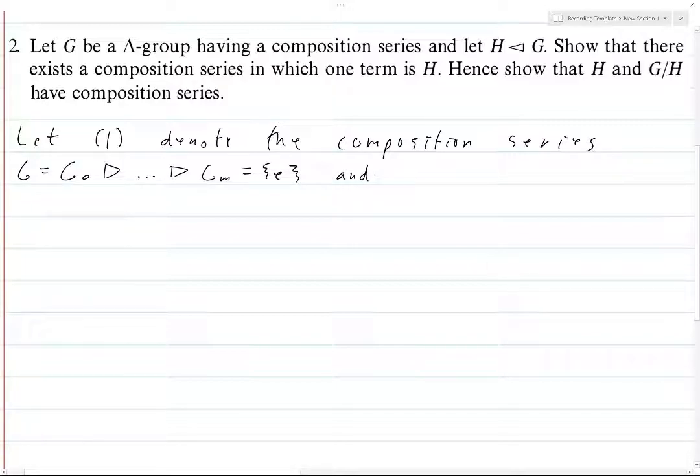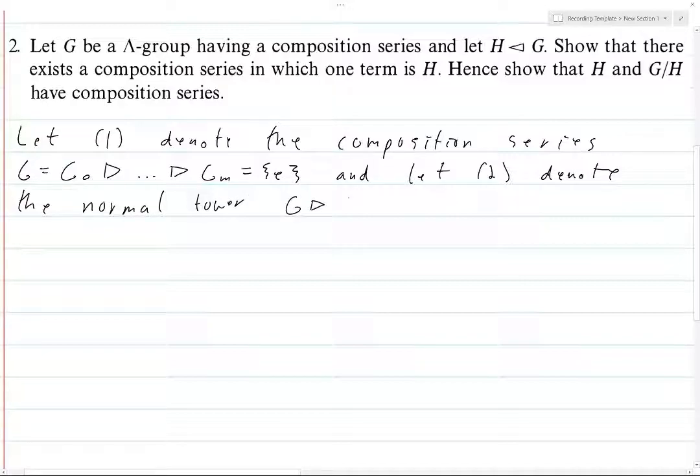And 2, let 2 denote the normal tower, or filtration, or whatever you want to call it.